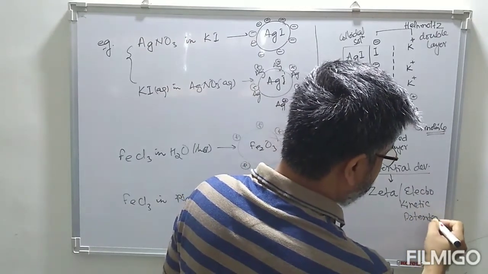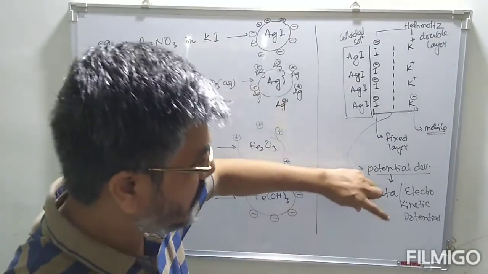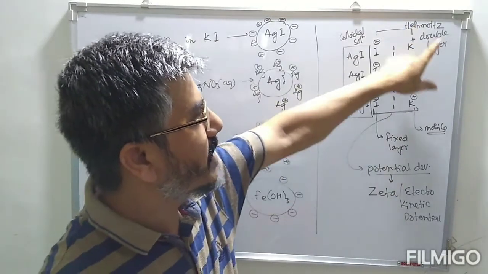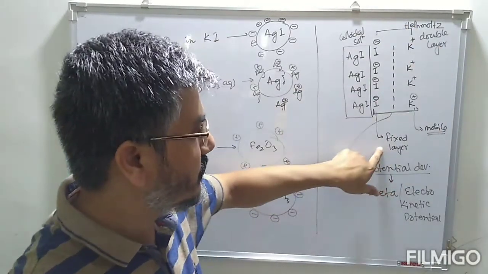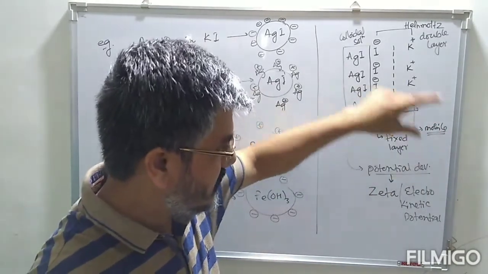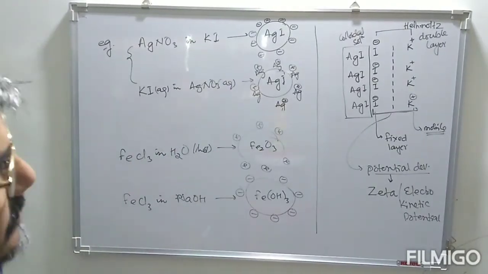So zeta potential or electrokinetic potential is a potential difference developed in Helmholtz double layer, that is between the fixed layer and the mobile layer. This is what we call zeta potential or electrokinetic potential.